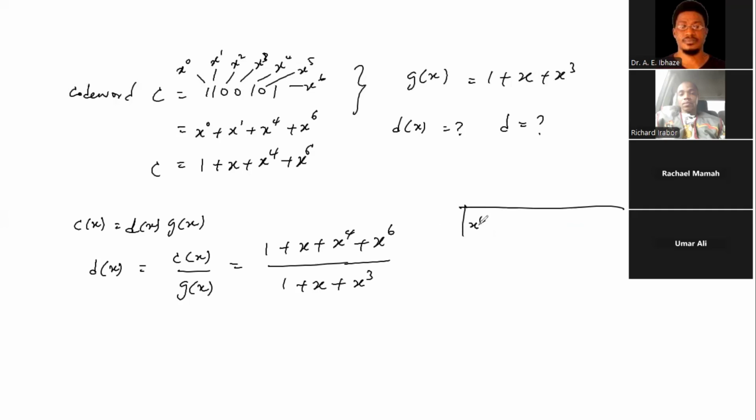Now, I want to make something easier here: plus x to the power of 5, I want to leave all of the bit positions, that is 0. Then we have x to the power of 4, plus x cubed is 0, x squared is 0, plus x plus 1. Let's leave all the spaces. So here we have x cubed plus x plus 1. Running this division.